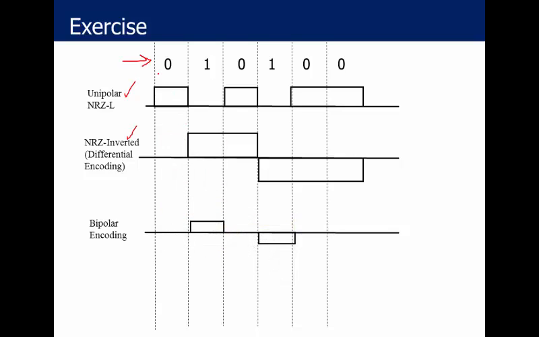What it means is that 0, then there is no transition. 1, there is a transition, so up. 0 means no transition, so continue. 1, there is a transition between this and that, so wait a minute.